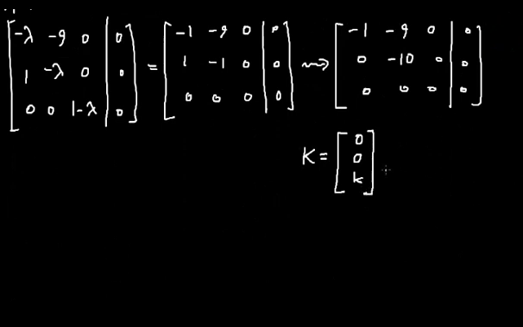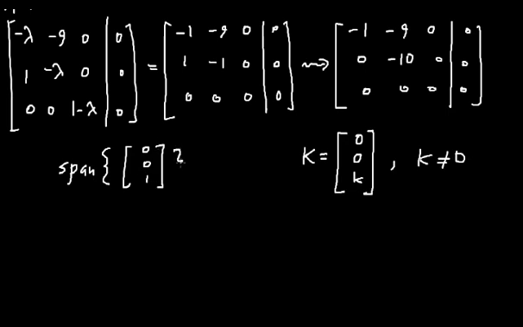So this is the solution, and therefore the set of all eigenvectors, the eigenspace, is the span. Of course, vectors of this form, with k not being 0, are spanned by a single vector. So the eigenspace is one-dimensional, and that's the vector 0, 0, 1.